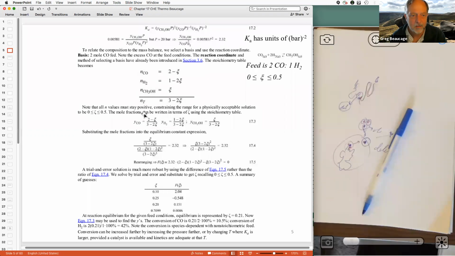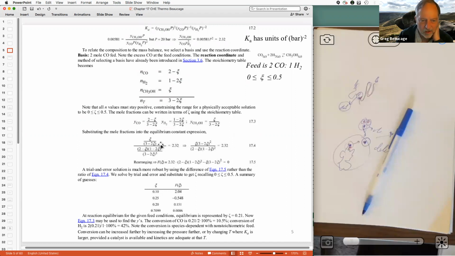Anyway, you have these limits, and then you can express the mole fraction. So the CO is 2 minus the reaction coordinate divided by the total moles, which gives the mole fraction. You can do that for each of them, and plug those back into your equation for the reaction rate constant. Then you can calculate an expression.